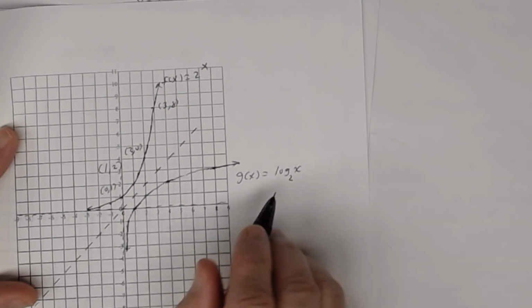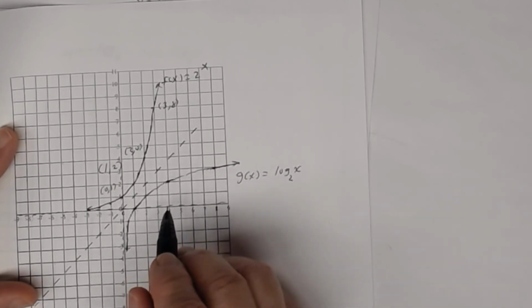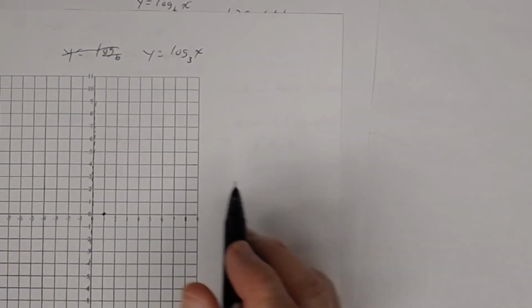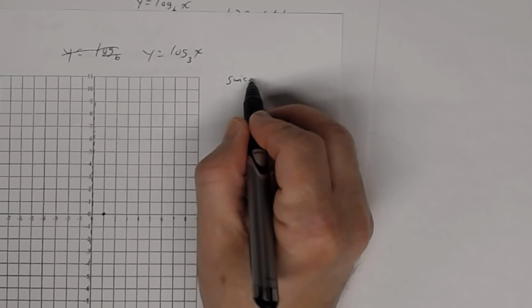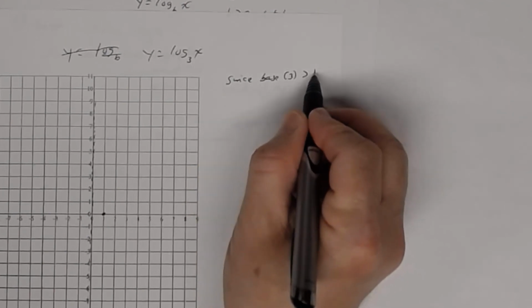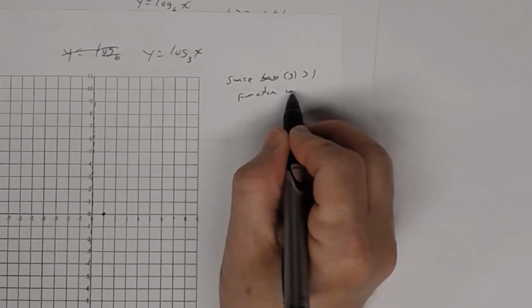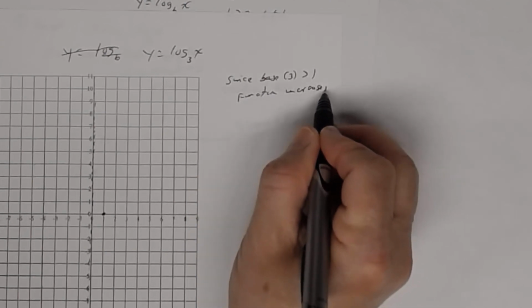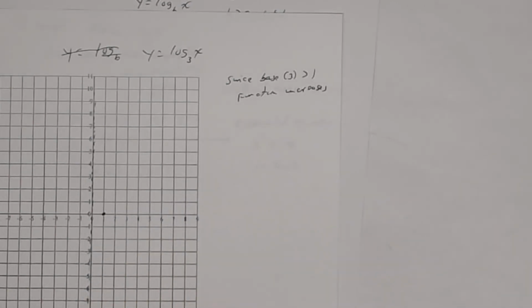If the base is a proper fraction less than 1, the function will decrease. Here, since my base, which is 3, is greater than 1, the function increases, meaning my y values are going to get bigger and bigger and bigger.